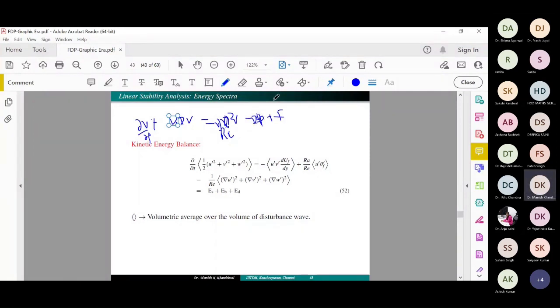Based on this, which term is more dominating in the flow? To capture the dominating term mathematically for the instability, we use the kinetic energy balance.